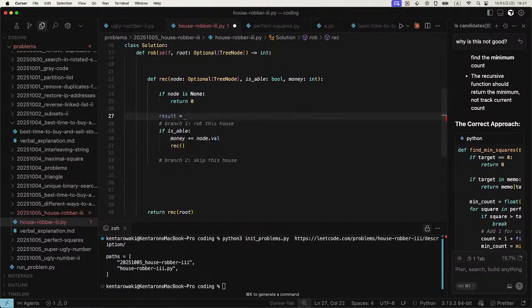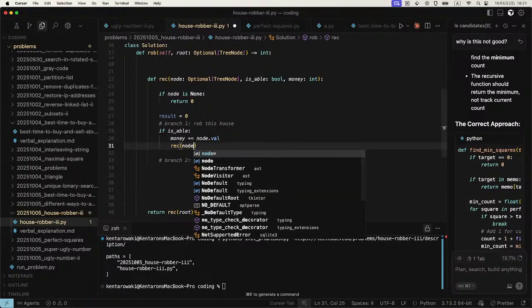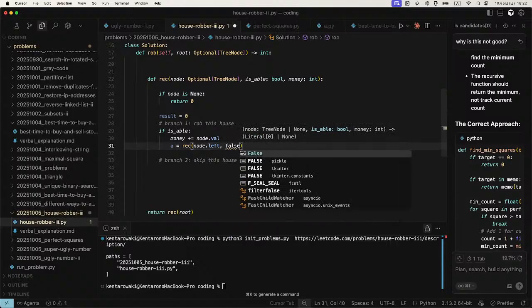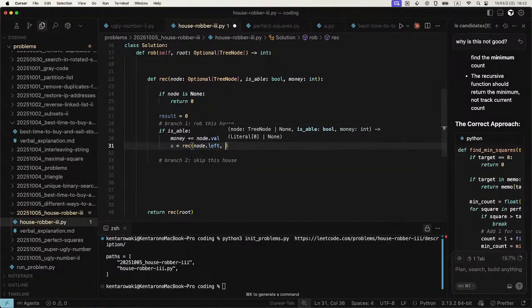The result is 0. And for the next house, we cannot rob the house.